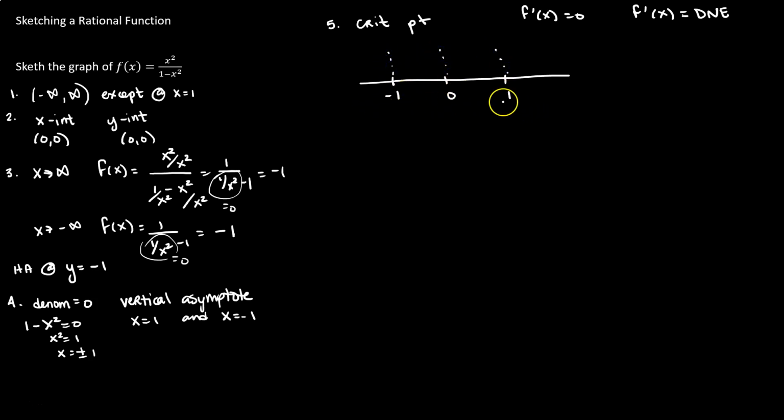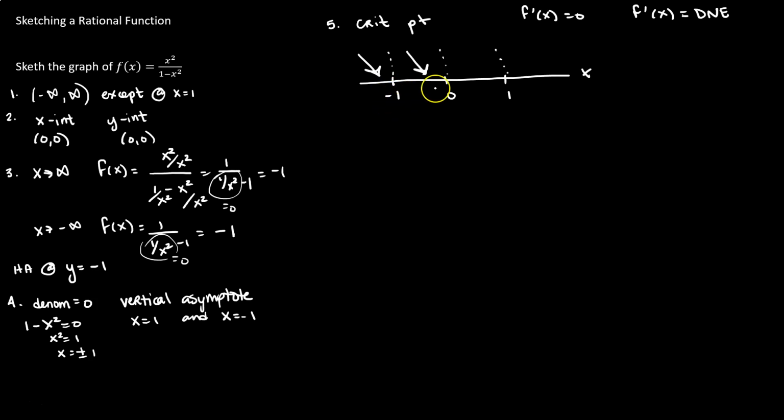These 3 critical points break our x number line into 4 separate intervals. We need to test each one. So if we test to the left of negative 1, we find that our function is decreasing, so the derivative is negative. If we test between negative 1 and 0, we see that the function is still decreasing. So x equals negative 1 is not actually a max or a min.